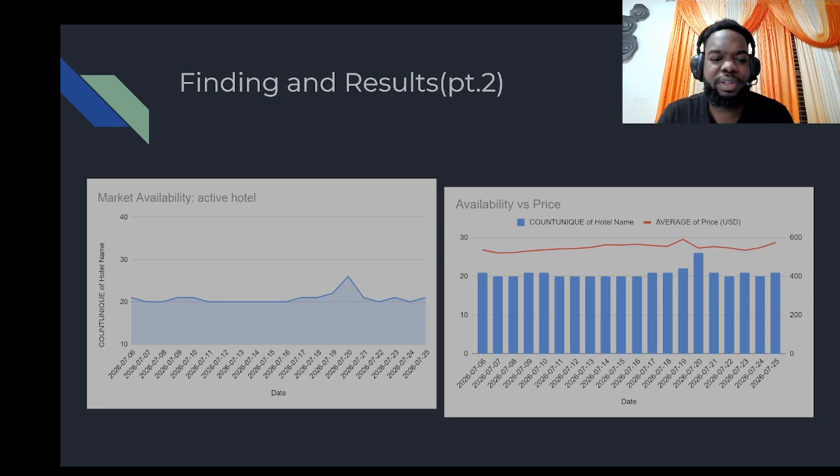For availability, for the most part, there weren't too many changes. But during one period around July 18th, there was a drop in availability, which causes a spike, as you can see here.